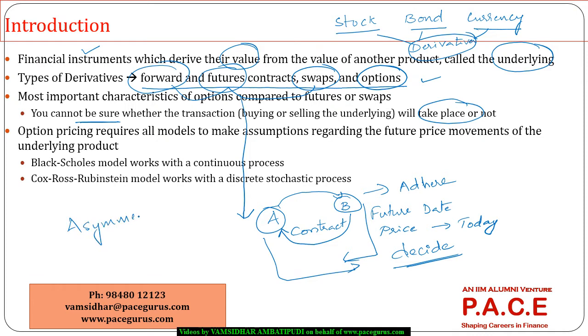For only one of the parties is it mandatory to adhere to the contract, whereas the second party can very well decide whether they want to get into the contract, continue with the contract, or exit the contract. So only for one party is it mandatory to adhere, whereas for the other party it is more and more optional.